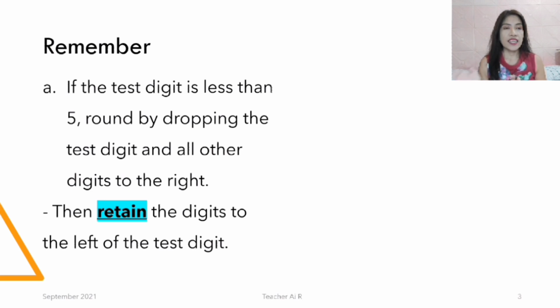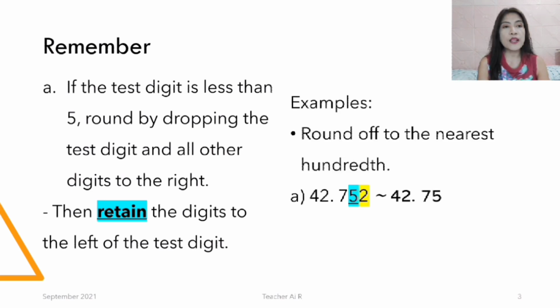In example A, we have 42.752, and we are going to round off to the nearest hundredth. The hundredth place there is the 5, and our test digit is 2. So, if it's 2, you have to drop off that number and the other numbers to the right of it.